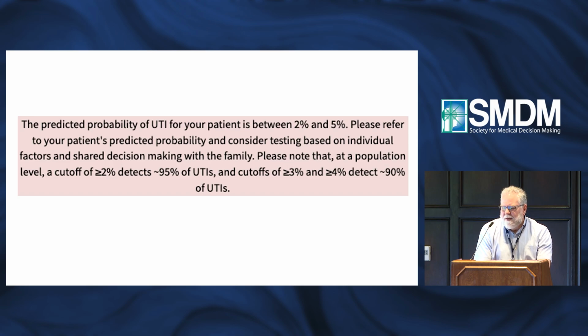Now, they try to address my quibble about precision, and they say, well, your patient's probably between 2 and 5%. You should do shared decision making. So that's entered our language. And then they give you the population level estimate, which is probably the 2x2 table.